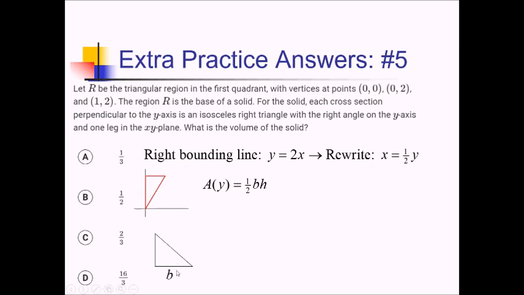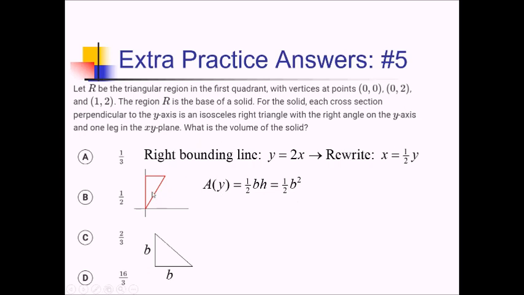Okay, so since it's an isosceles right triangle, that tells us that this other side here, the other leg, has to also be the same distance as this leg. So this is also a b up here, which means that I can rewrite this formula as 1/2 base times base, or 1/2 base squared. Now we have to talk a little bit more about the base.